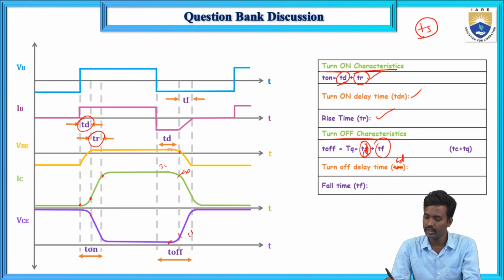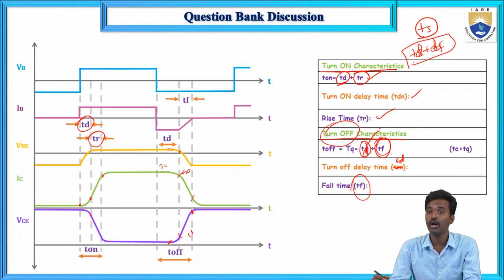That is the delay time. And next, the fall time means from 90% to 0, 90% to 10% and 10% to 90%. That is the fall time. TS plus TD plus TF is the turn off time.